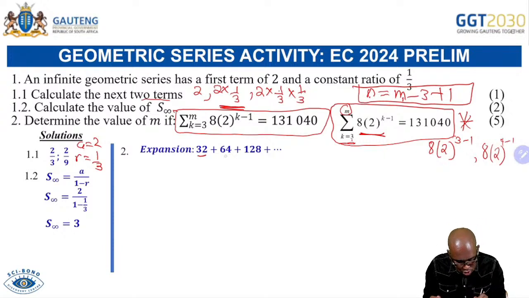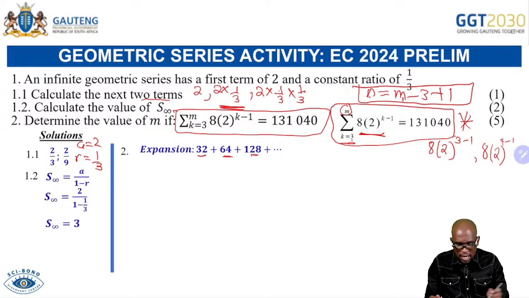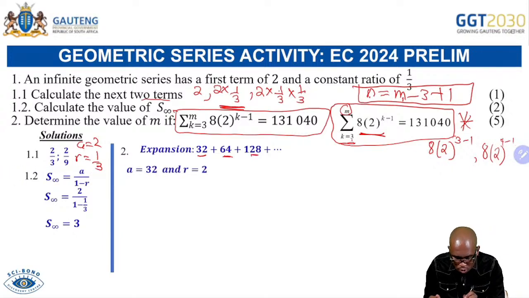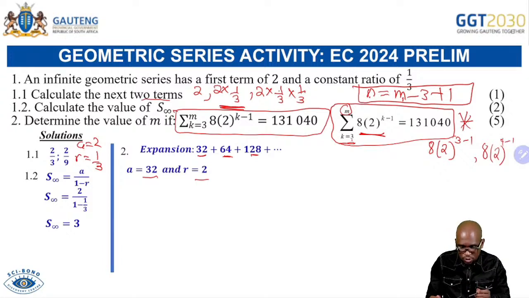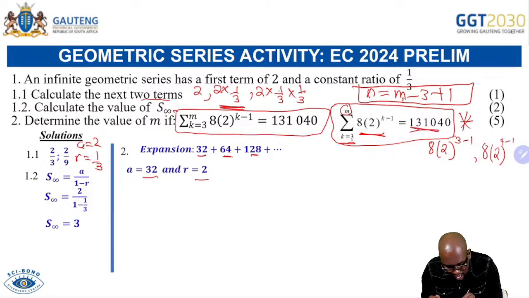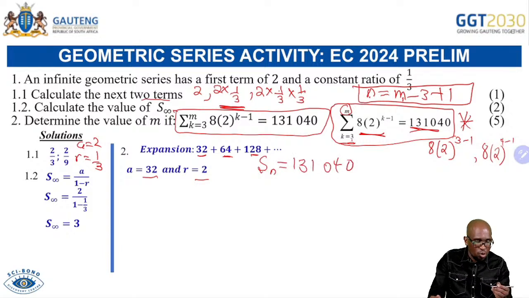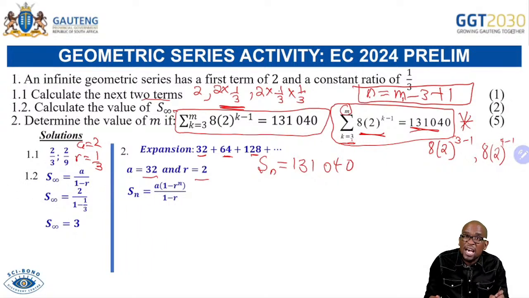We're going to get 32, 64, and 128, and so on as we expand. But we know that from this a is 32 and r is equal to 2, and we know the sum Sn is equal to 131,040.